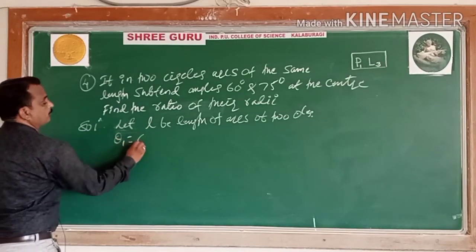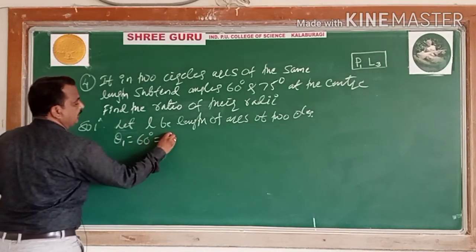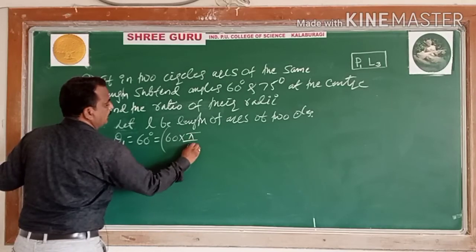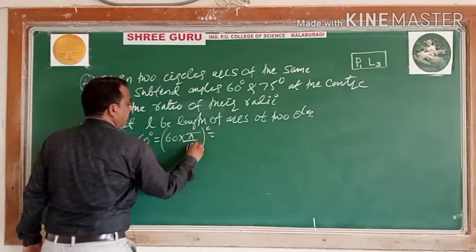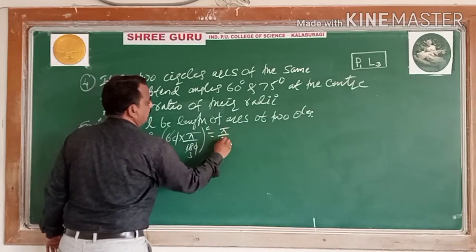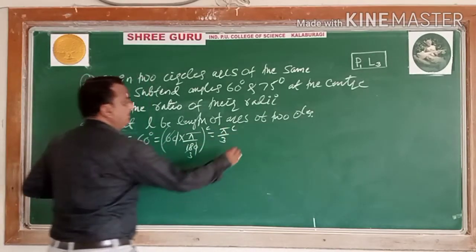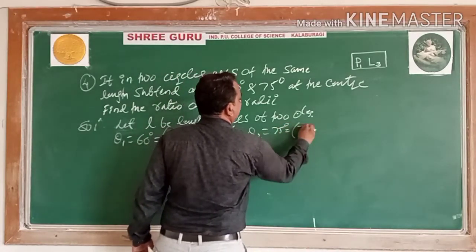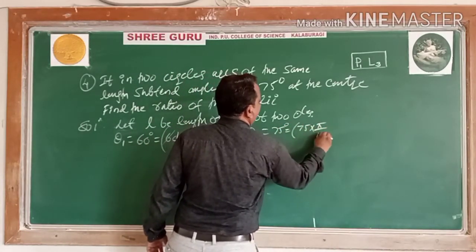Given that theta 1 is equal to 60 degree, the first circle's angle. Convert it to radian: pi by 3 radian. The second one, theta 2, is 75 degree, that is 75 times pi by 180.